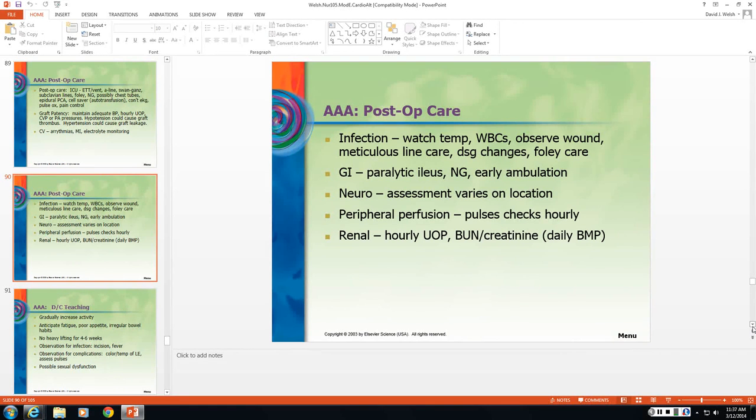Neuro, you're going to assess for any problems with neuro, decreased level of consciousness, or anything going on with the neurological system. Peripheral perfusion, you're going to check that by checking their pulses hourly. Renal function, you want to check their hourly urine output. You're also going to check their BUN and creatinine levels daily to see how well their kidneys are functioning.